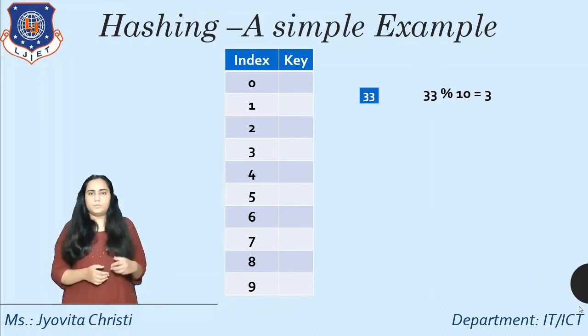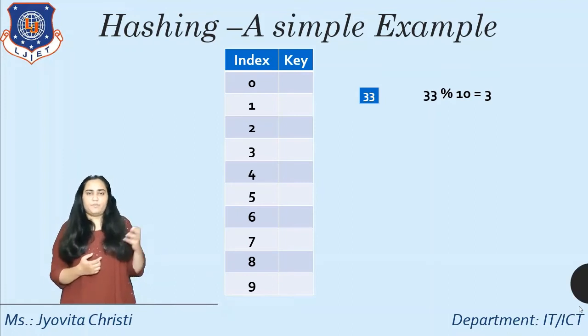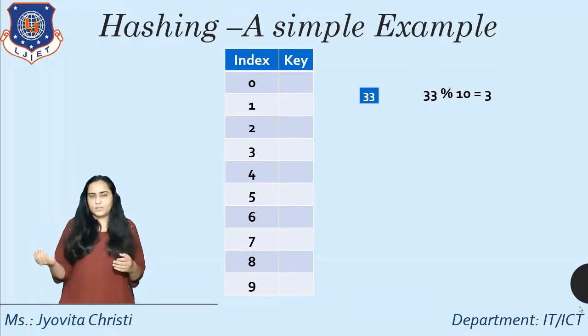And if you don't know what modulo is, this division function that I told you about is called modulo. So I'll just give you a brief idea. A modulo function basically divides the number provided, and instead of returning the quotient, it returns the remainder. So that's what the modulo function does, and that's the function I'm going to use.